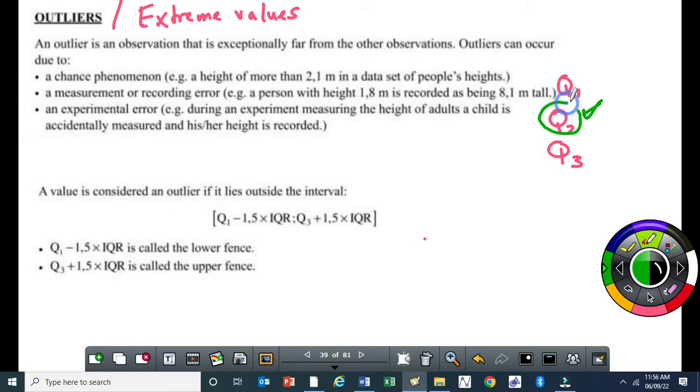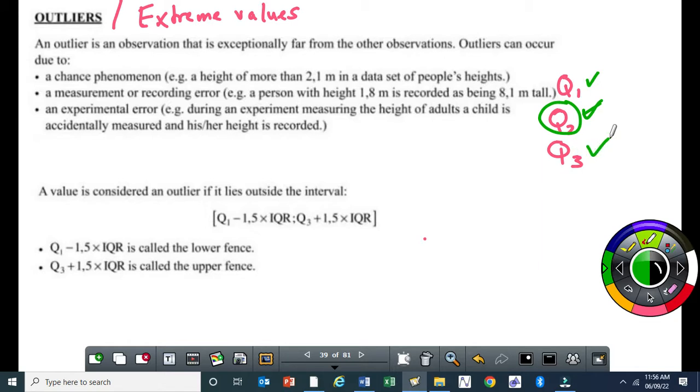Normally it's always wise to determine the median first, because the median divides the data set into two halves. You must get your Q1, then your Q3.